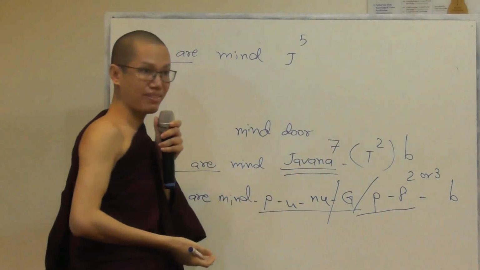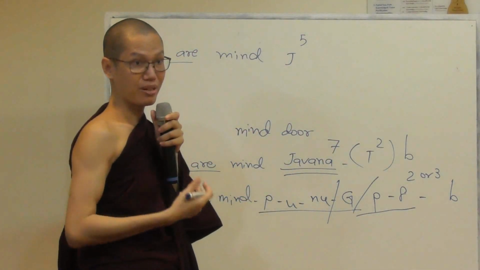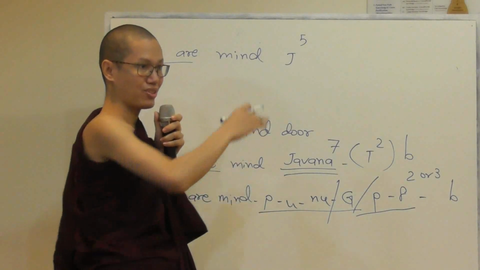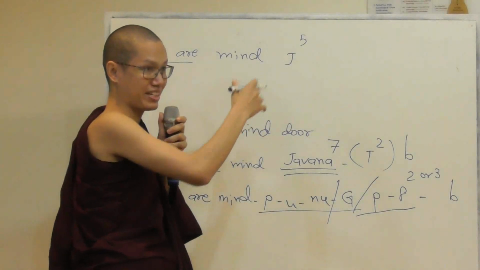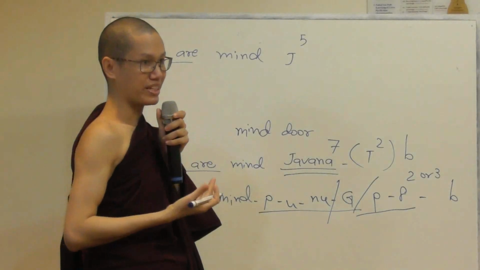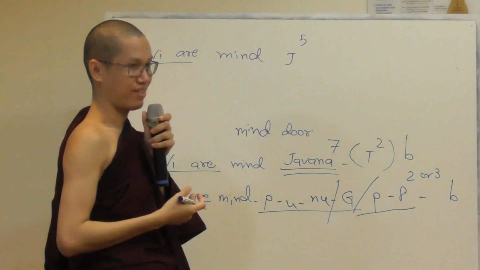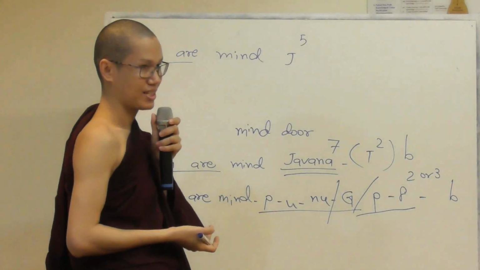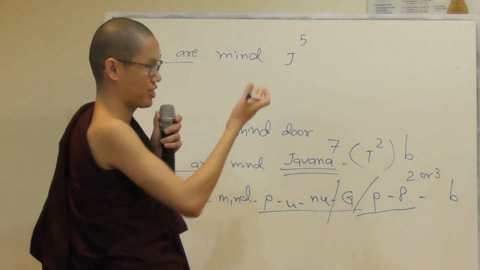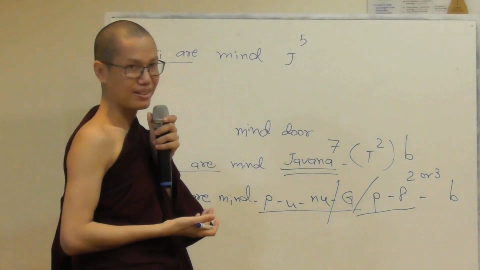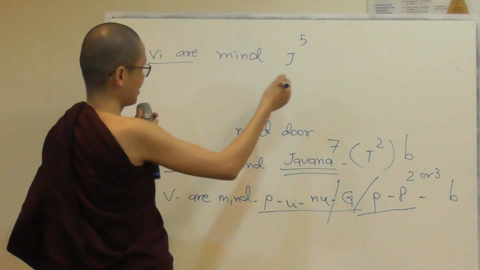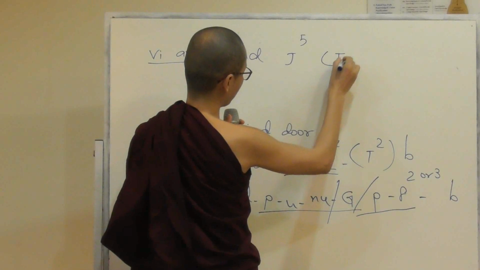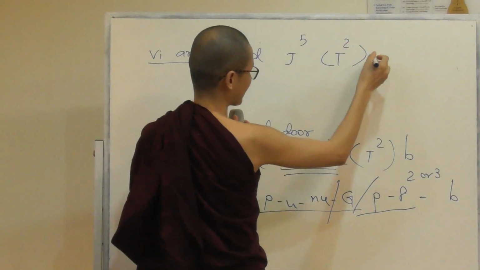Normally 7. Normal time 7. Why is it 5? Because it is very near to death. Within 1 second, we die. The body is very weak. Because of this, it cannot be 7 times, only 5 times. That is the last process of life. So after the 5 jhana moments, the tadarammana may arise, may not arise.